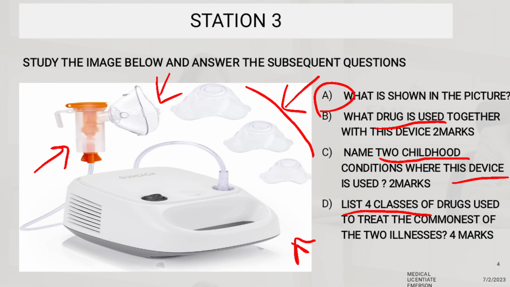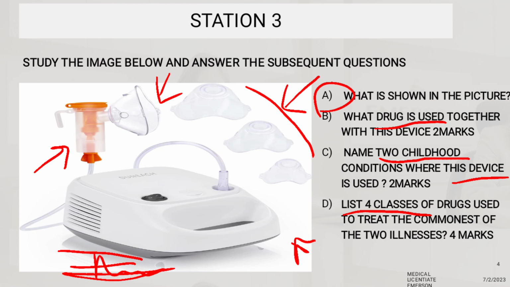Then additional information, if they were to ask you what are the types of this instrument, so what are the types of the nebulizer? So we have jet nebulizer, which uses compressed gas to make an aerosol. Then you can also have ultrasonic nebulizer, which makes aerosol through high frequency vibrations.